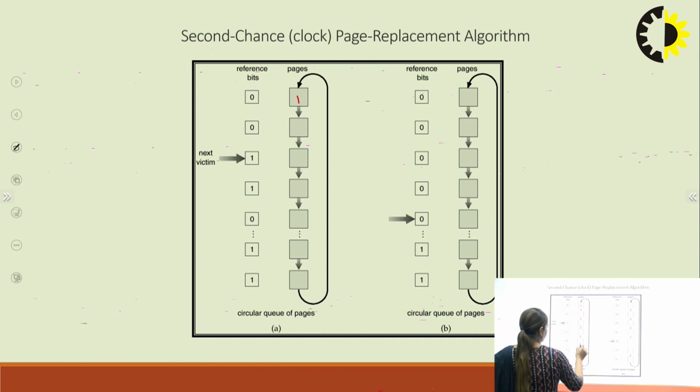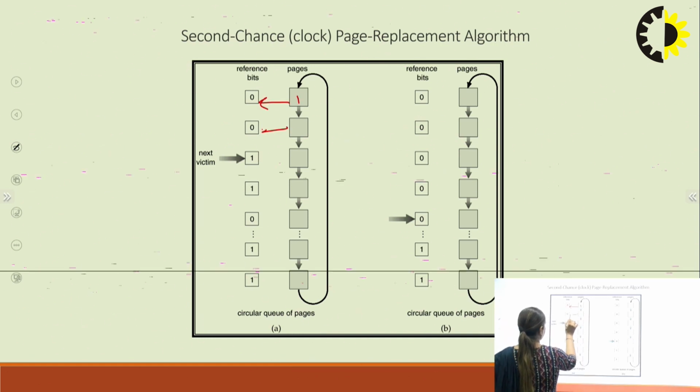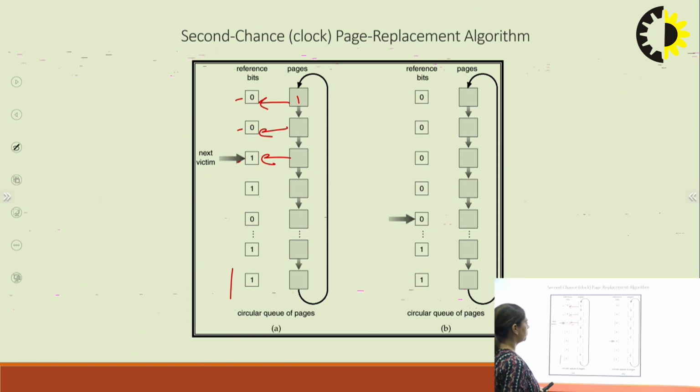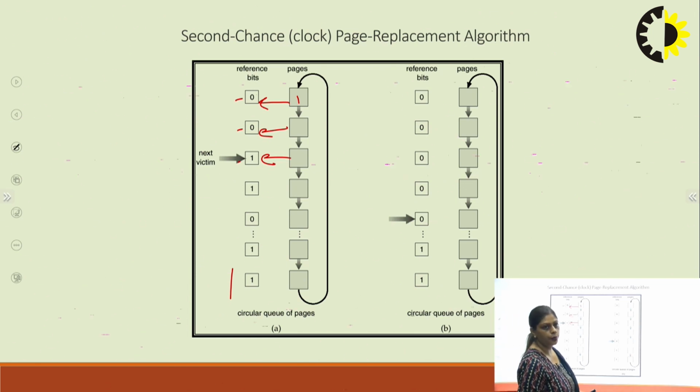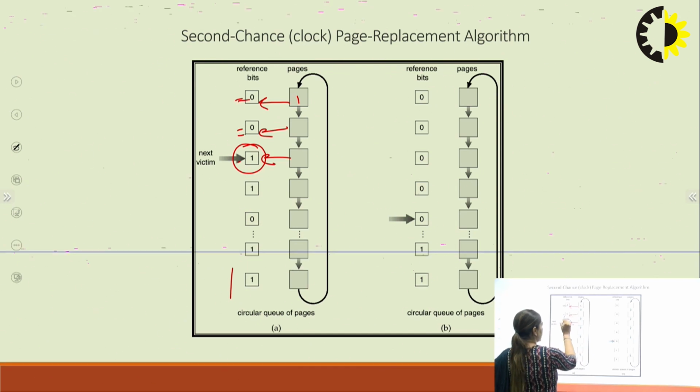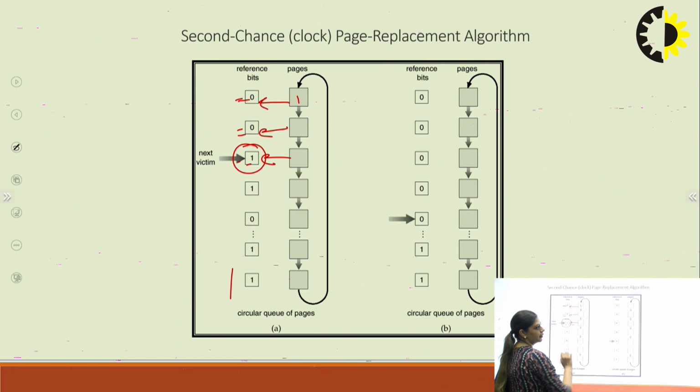See, these are the pages. These are the reference bits associated with them, 0, 0, 1, 1 and so on, right? Now let's suppose we are to replace one page. We want some page. According to the algorithm, this is the first victim selected because this is having the bit 0, this is having the bit 0, this is having the bit 1. So this should be replaced.